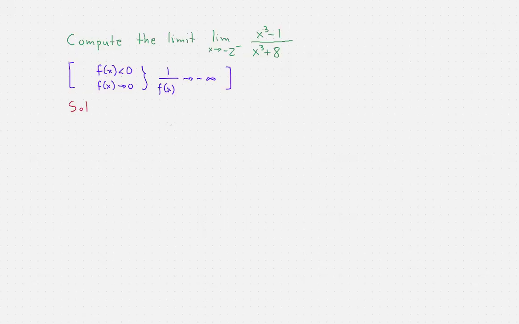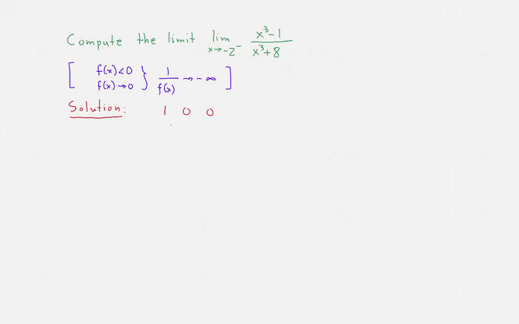The main idea is that we will try to factor out from the denominator the quantity which is responsible for making it 0, which in this case will be x plus 2. So we need to perform a synthetic division. So let's perform the synthetic division of the denominator with x plus 2.